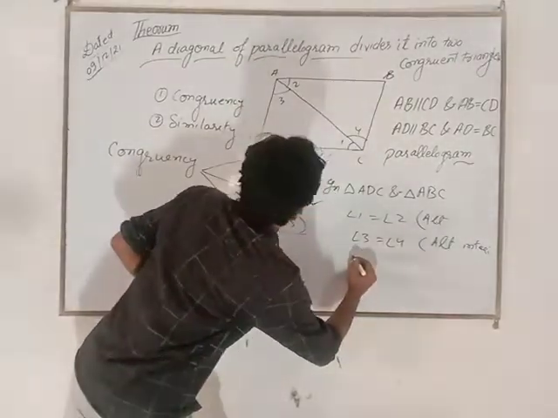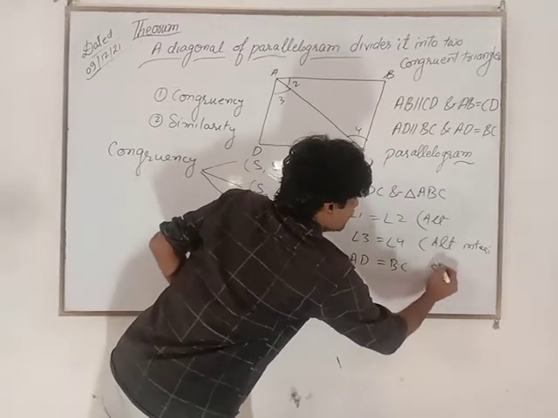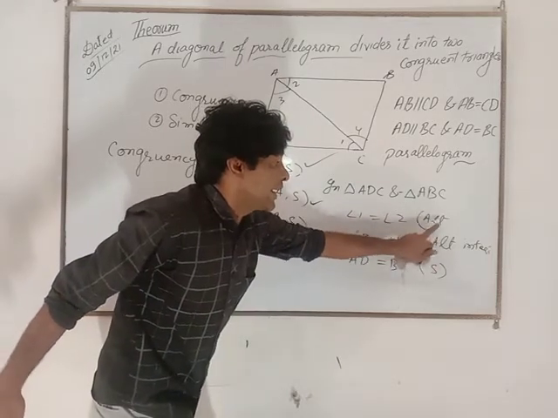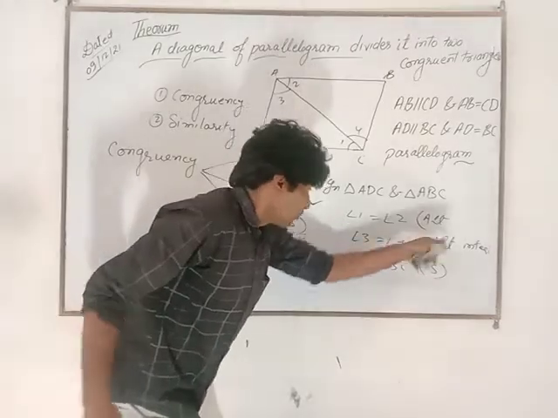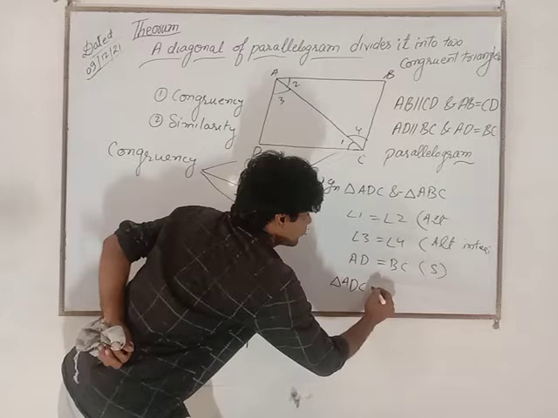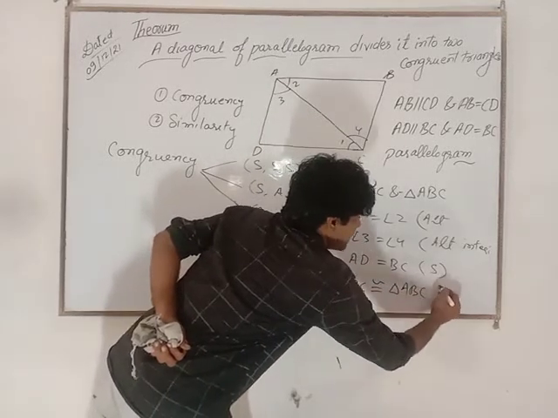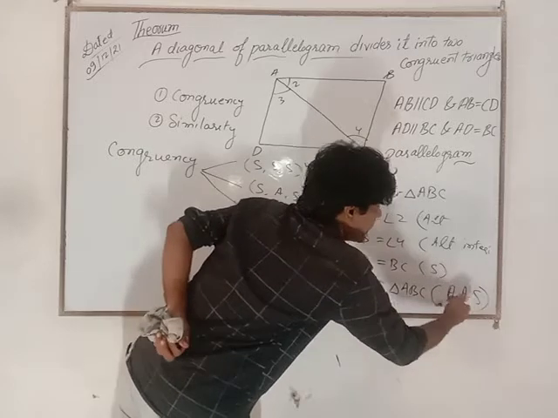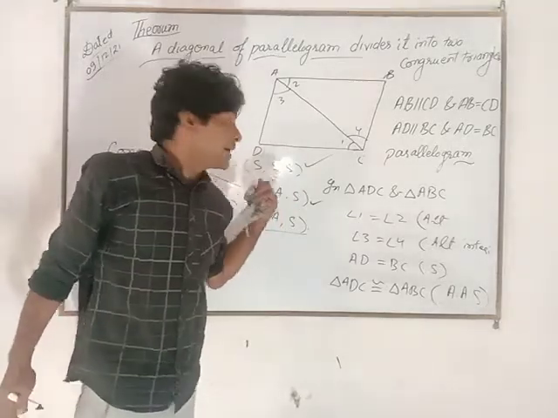If you take AD is equal to BC, one corresponding side, means two corresponding angles, AA, and one corresponding side, then triangle ADC will be congruent to triangle ABC from the AAS angle side criterion of congruency, right?